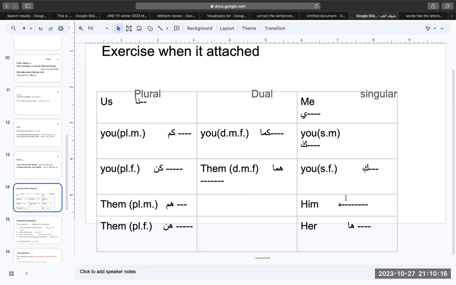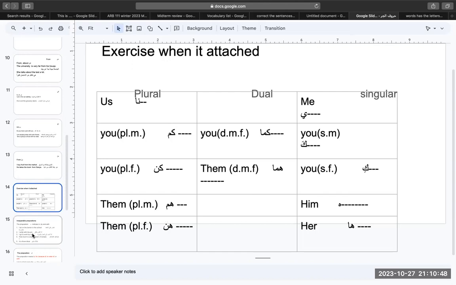Lahu, for him. Laha, for her. Lakuma, for you, the dual. Lahuma, for them, the dual. Lana, to us. Lakum, to all of you. Lakunna, to all of you, the plural feminine. Lahum, to them, the plural mixed or just masculine. Lahunna, to them, plural feminine.